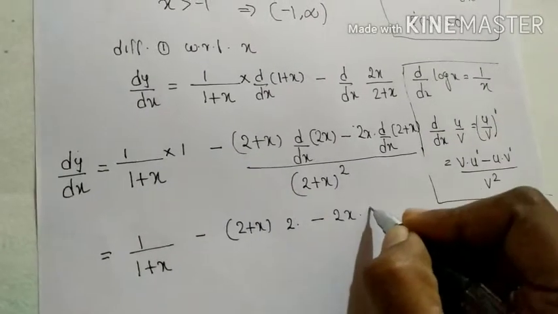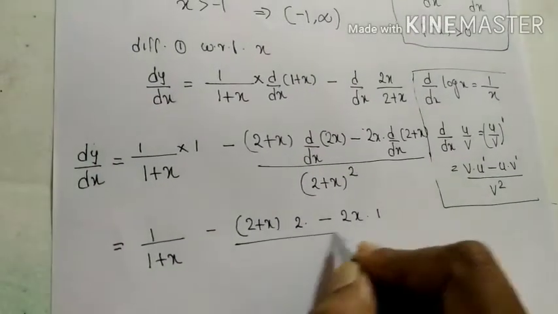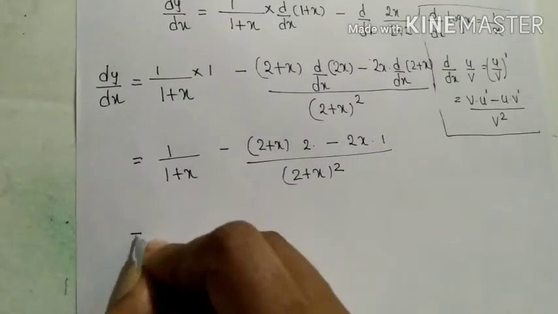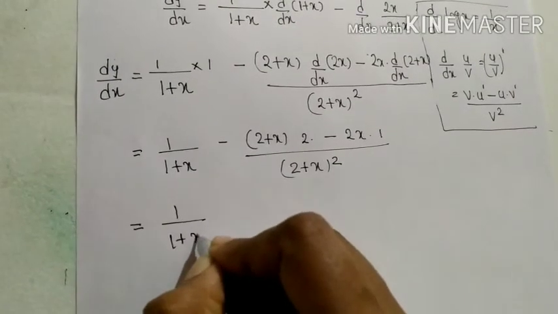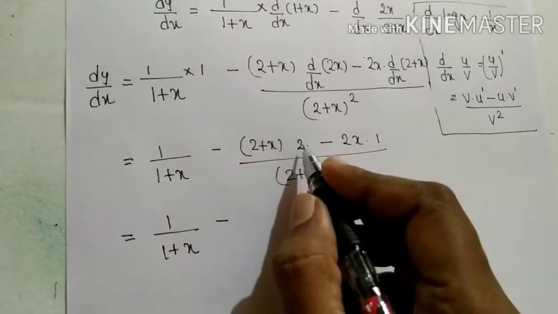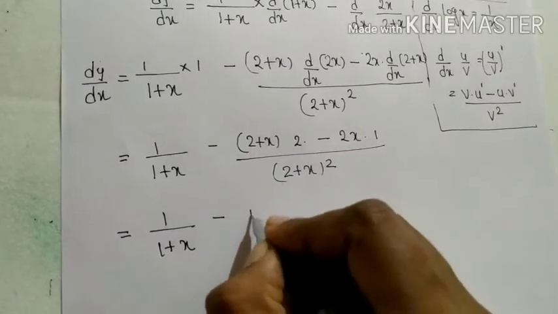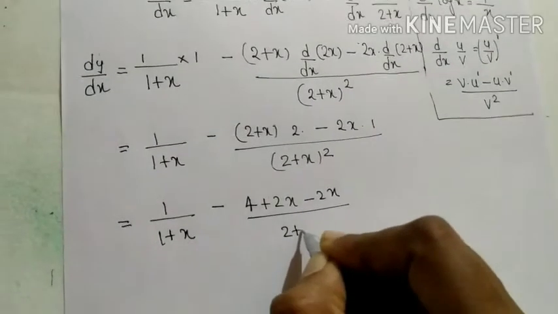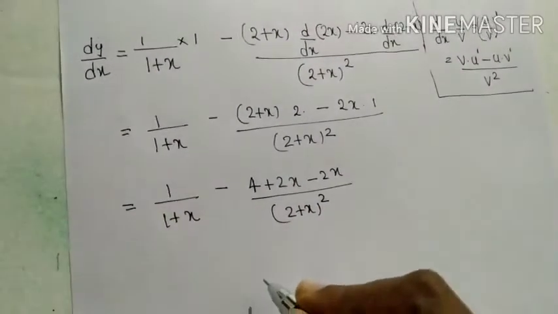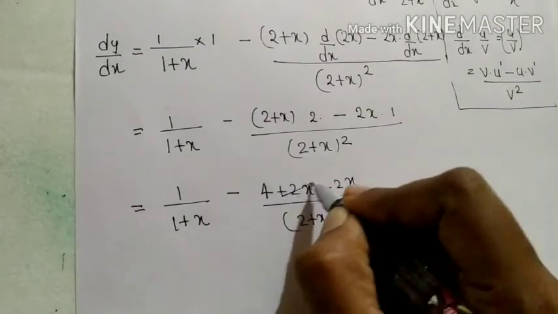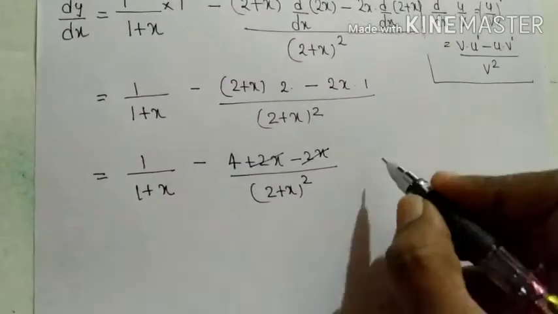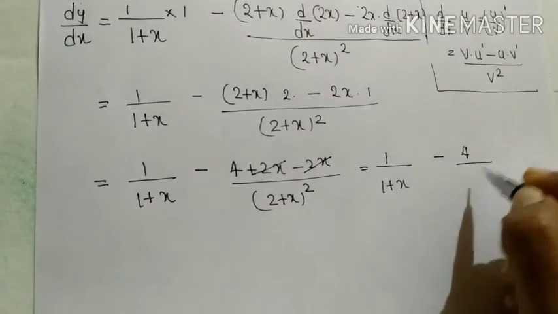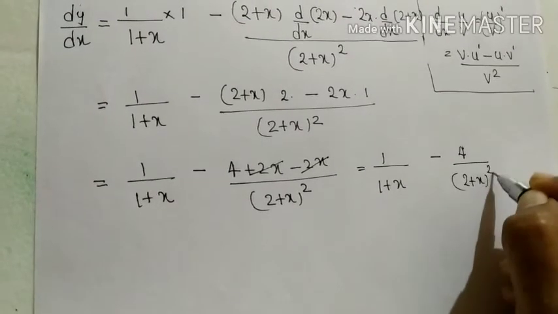So here we get 1 only, whole divided by 2 plus x whole square, equal to 1 divided by 1 plus x minus, opening this bracket, we get 4 plus 2x minus 2x whole divided by 2 plus x whole square. And these plus 2x and minus 2x will cancel each other and we get 1 divided by 1 plus x minus 4 divided by 2 plus x whole square.